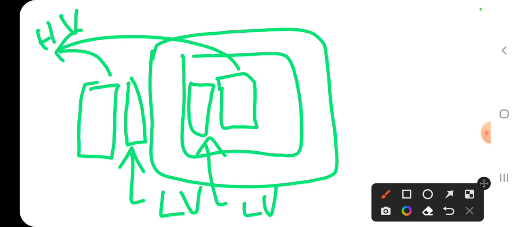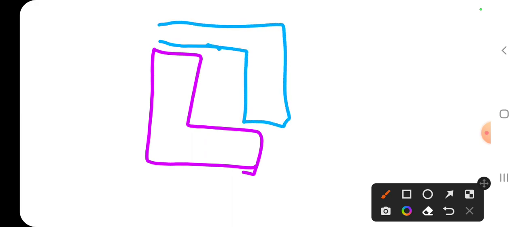Okay, and one more point I want to tell you: only one layer of the L shapes is not present in the transformer.